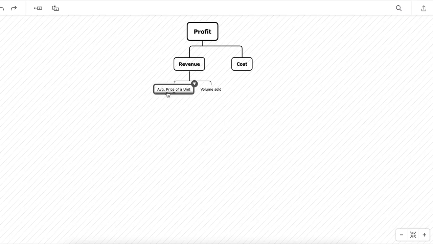Now, why average price? Most of the time when you solve a case for a real life company, you will realize that companies don't have one single product. They will have multiple products. For example, let's say P&G. They make a soap which costs, let's say, 30 rupees, and a shampoo which costs 250 or 280 or 300 rupees, basically 10 times.